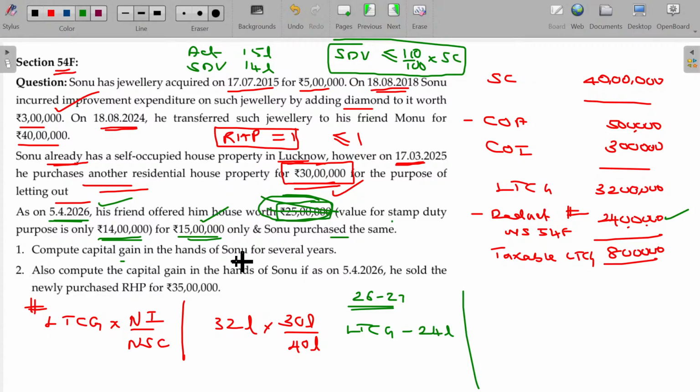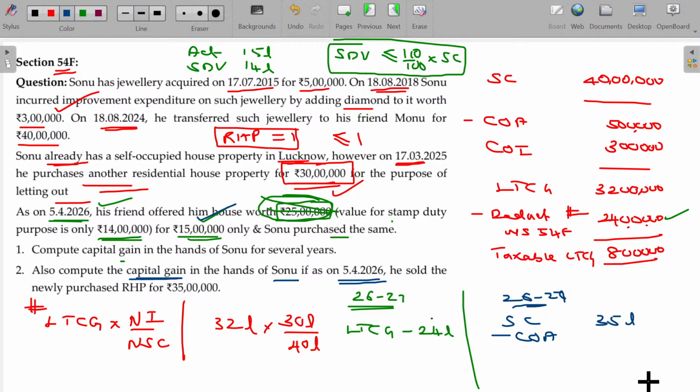Now, also compute capital gain in the hands of Sonu if, as on 5/4/26, he sold the newly purchased residential house property. The same 26/27, this new asset sold. Sale consideration being 35 lakhs minus cost of acquisition, in this case being the actual amount he paid.